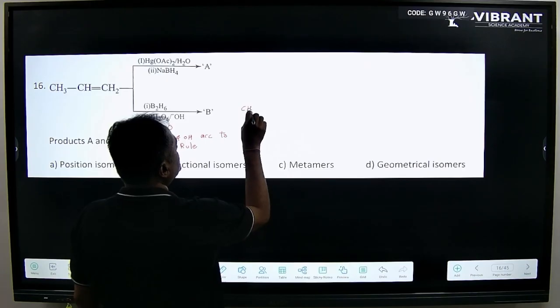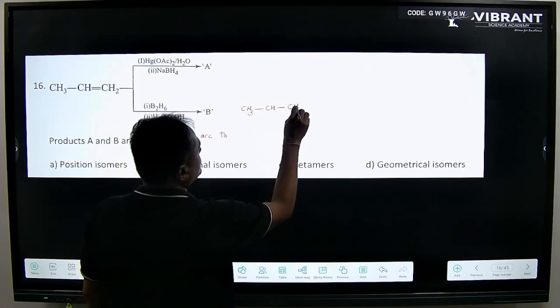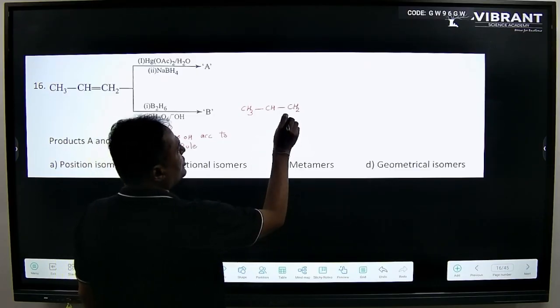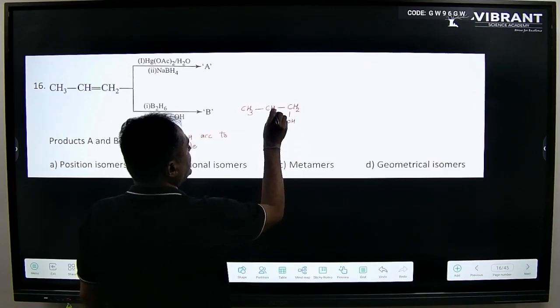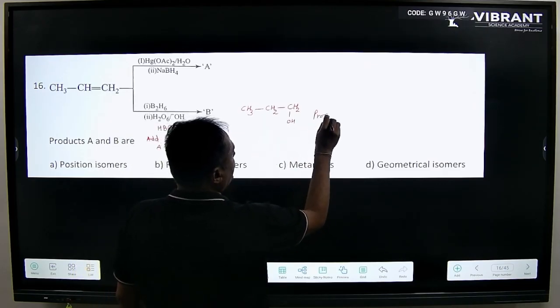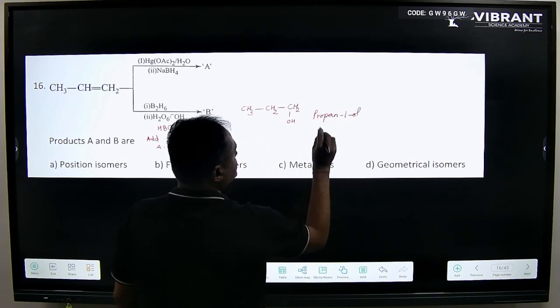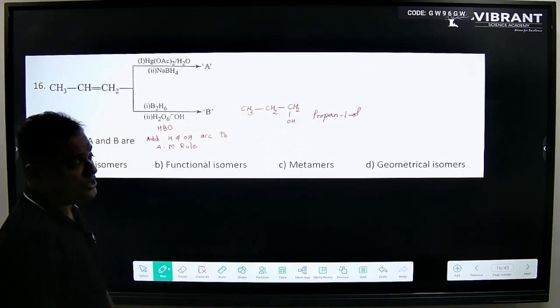You have got CH3, CH and CH2, correct? Now, we need to add. So, according to anti-Markovnikov, you should have your OH part over here and H part over here. So, the product what you get is propan-1-ol, which is correct.